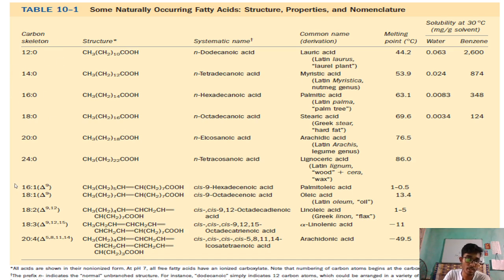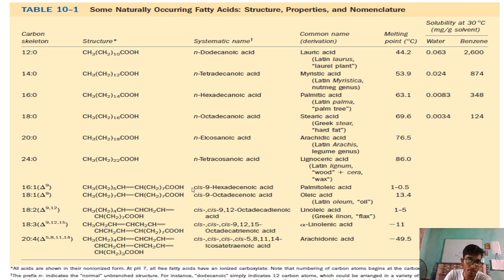Now come to unsaturated fatty acids. Let me take palmitoleic acid. It contains 16 carbon atoms and one double bond. The double bond at delta 9 represents that the carbon double bond is present between carbon 9 and 10.